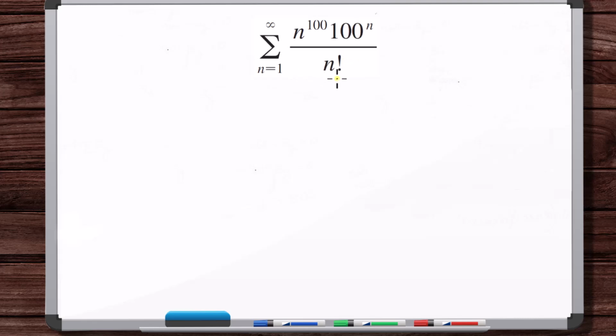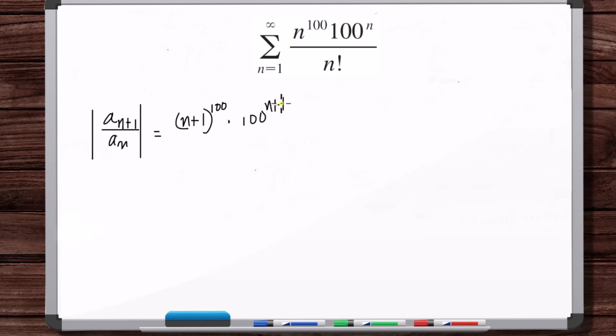So, okay, we don't need to worry about the absolute value. So we just remove the absolute value, and we've got n plus 1 to the 100 times 100 to the n plus 1.